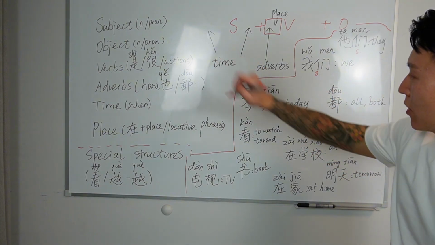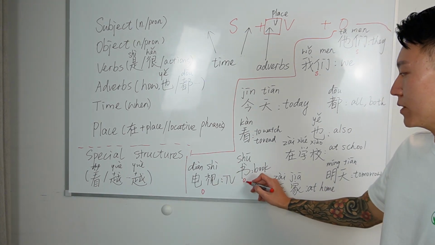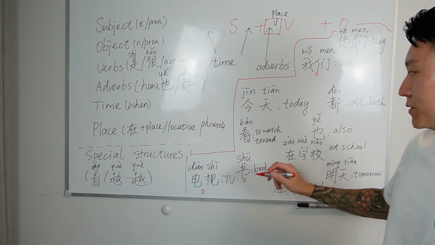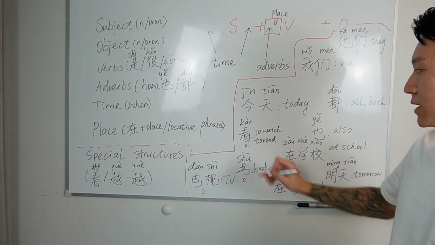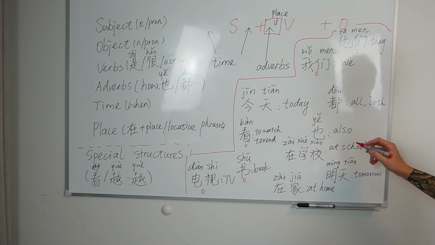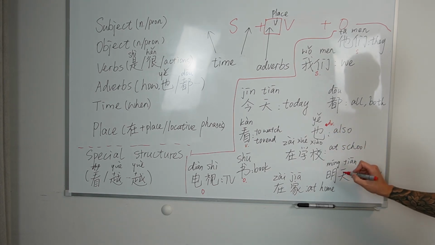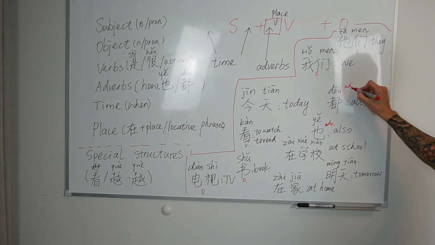And then let's find object. Object could be a TV, a book. And then let's find verbs. Verb, we only have one here, that is 看. Now let's find adverbs. So here we have 也, adverb, and 都, adverb.